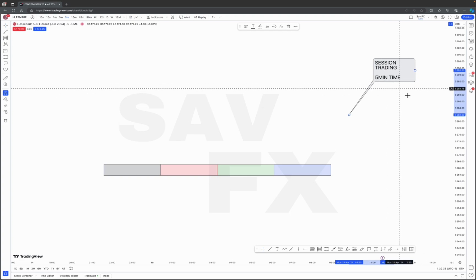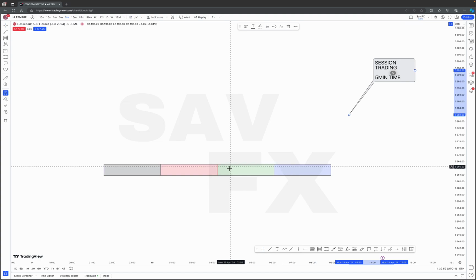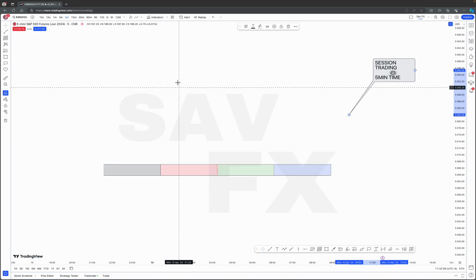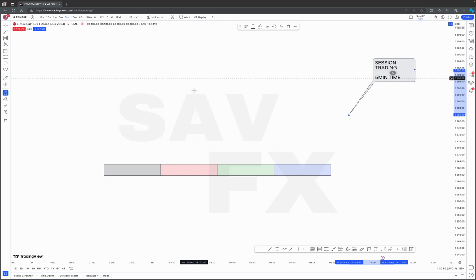If you're doing session trading, all your entries have to be on the 5-minute. You can play around and try refining it to lower time frames, but anything below the 5 minute is basically scalping, meaning the cycles that you may be using will have to differ. But for this case, I'm going to be explaining it based on the 5 minutes and session trading.